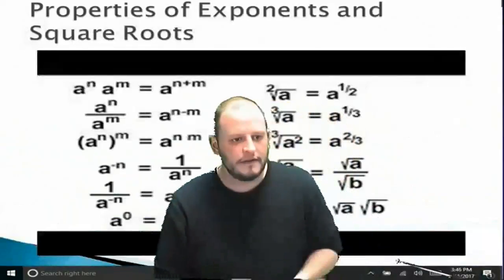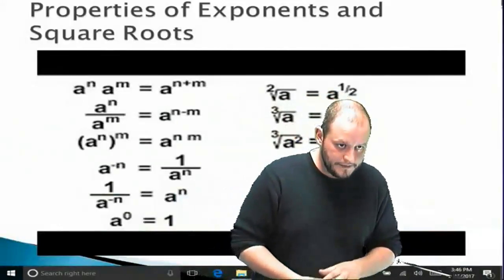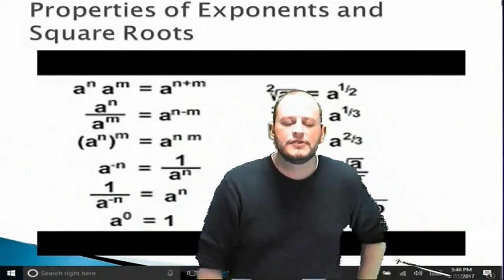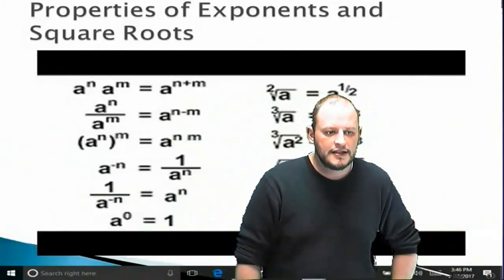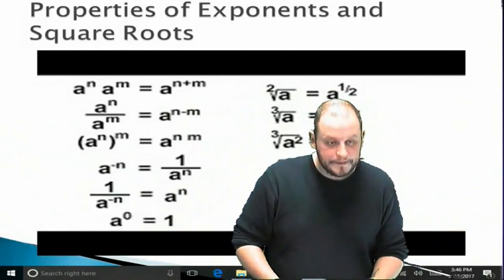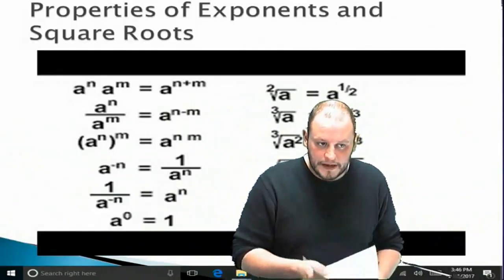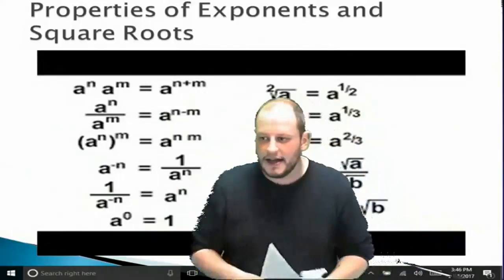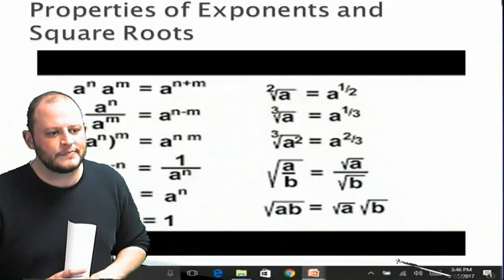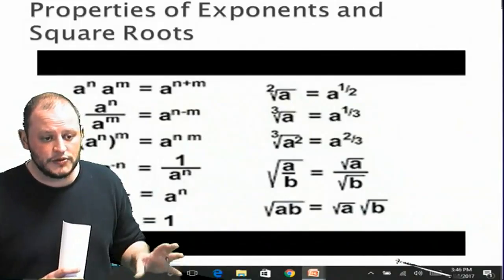So we're moving on to elementary algebra. As you can see here, I have properties of exponents and square roots. That's a little bit higher level stuff, but these rules that you see behind me are all useful rules.